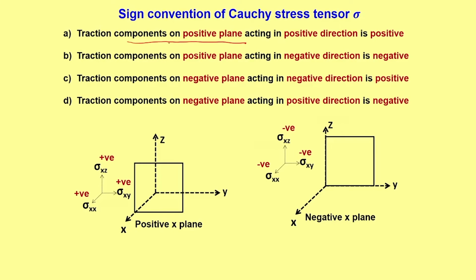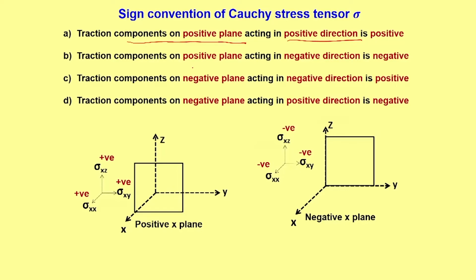So, the traction component on a positive plane acting in the positive direction, meaning the direction of x, y, z, is positive. So, you have a positive plane and the traction component is acting in the positive direction, so it is positive.